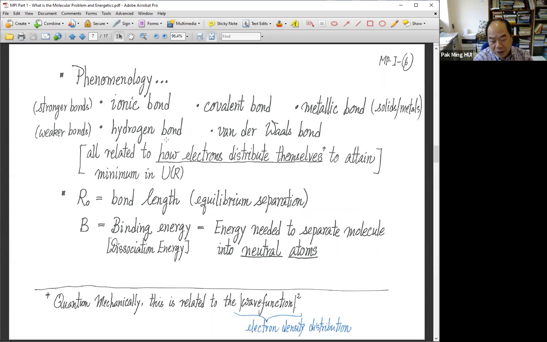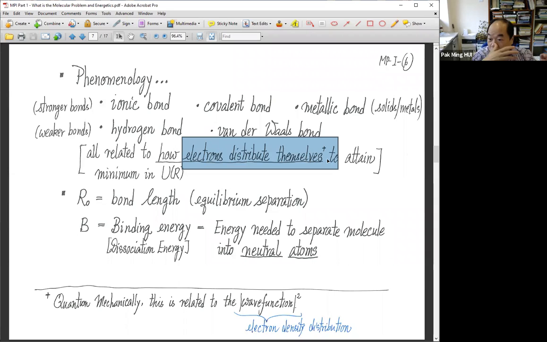The concept actually has to do with, you solve the Schrödinger equation first. Then you see how the electrons distribute themselves, and then you look at the result. If the electron prefers one atom over the other, that is to say, the electron is moved from one atom to the other, the two things form ions, then you have ionic bond.